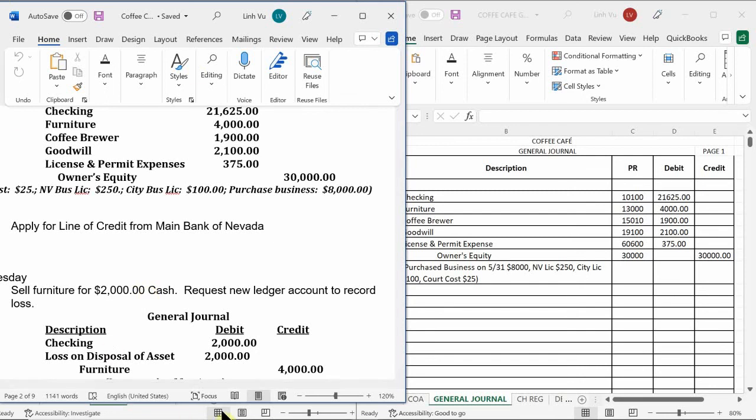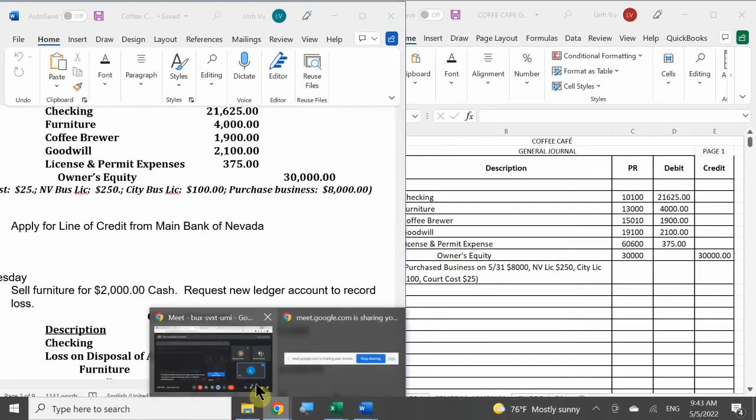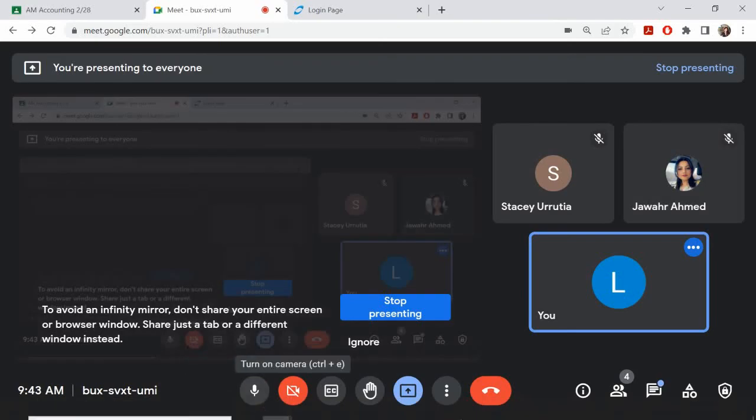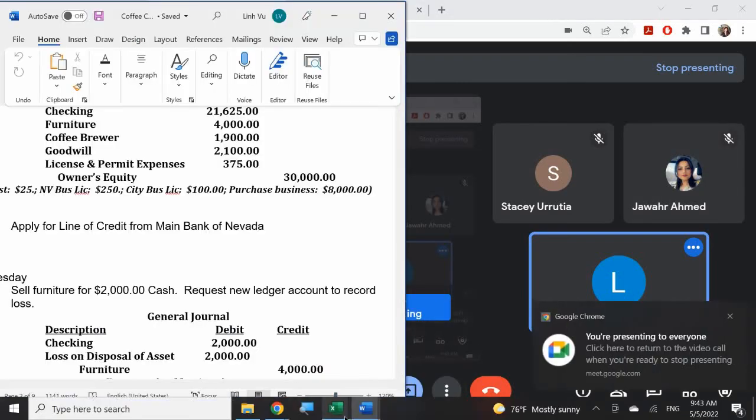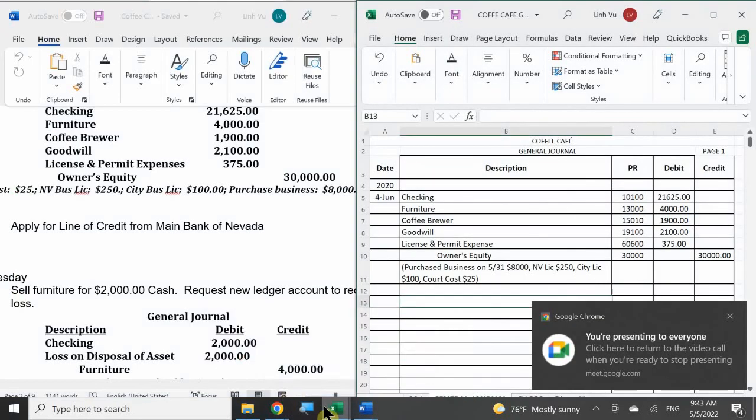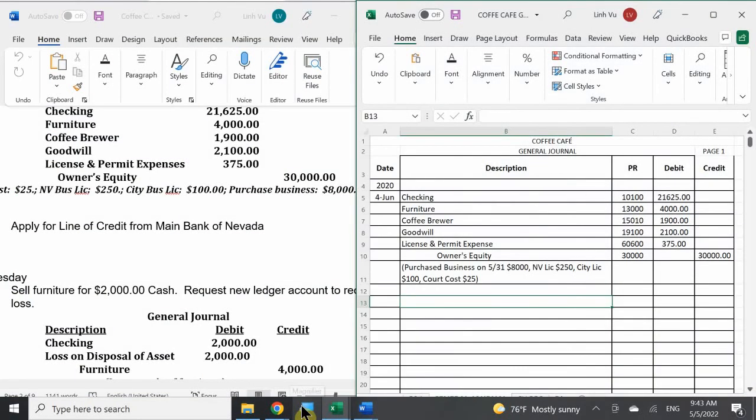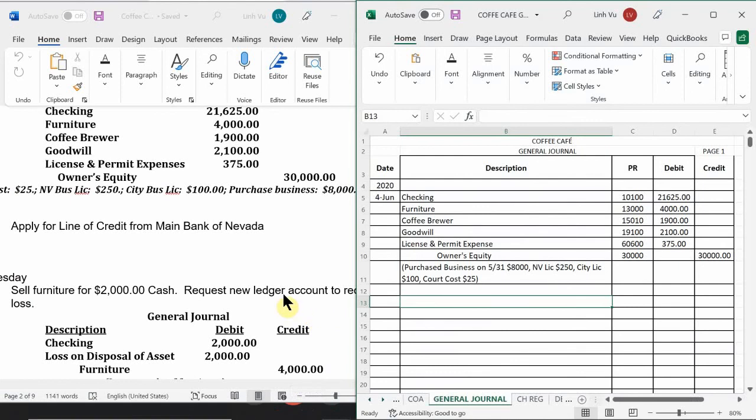How will I journalize this transaction? Since I sold my furniture, I got rid of my furniture, meaning did I increase my furniture or did I decrease it?